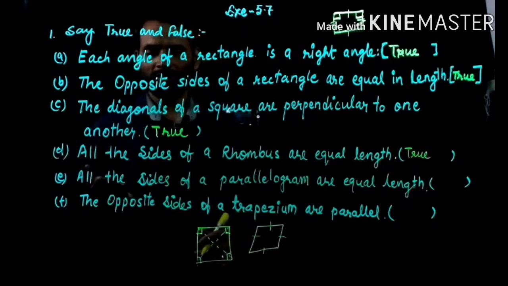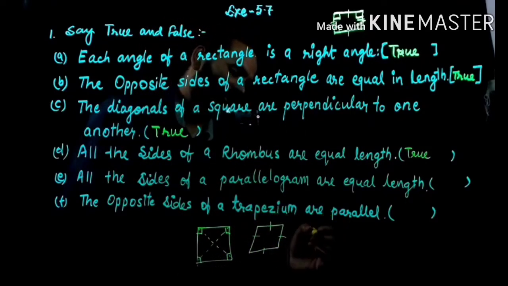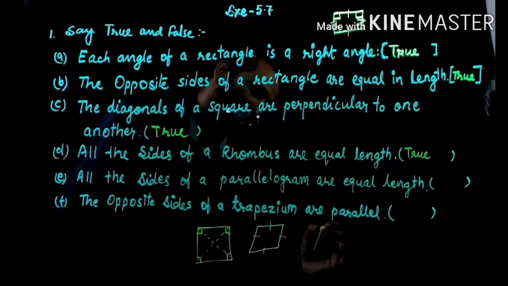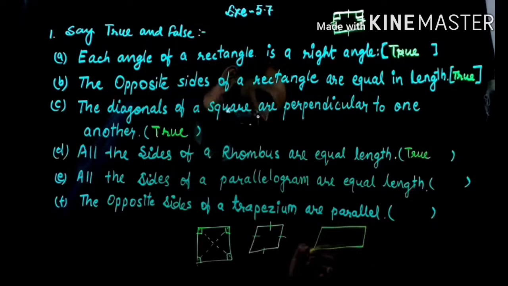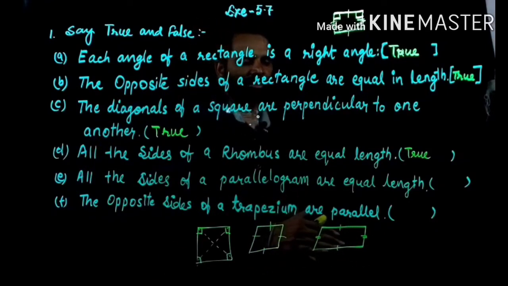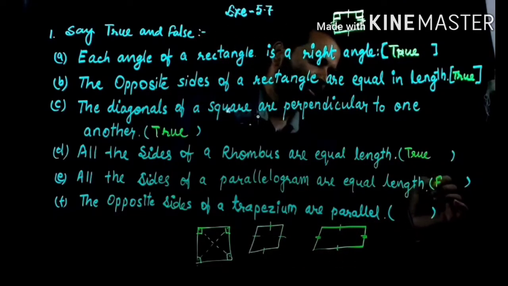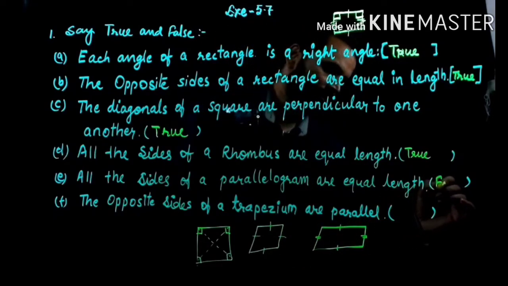Okay, now fifth, all the sides of the parallelogram are equal length. The parallelogram has this type of shape and opposite sides are equal, not all sides. The opposite pair of sides is equal and parallel but all side lengths are not equal, so that is false.